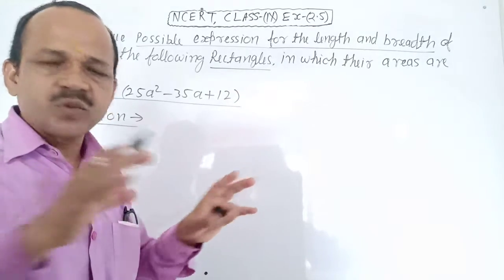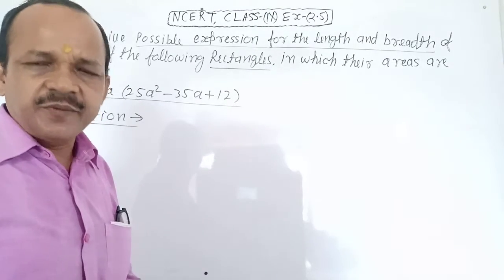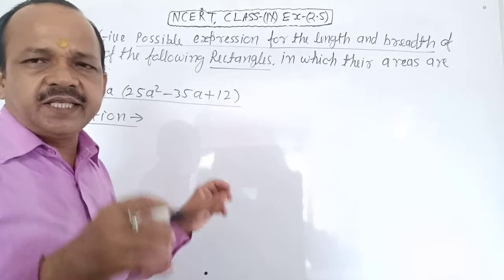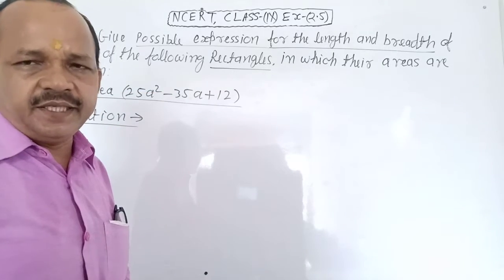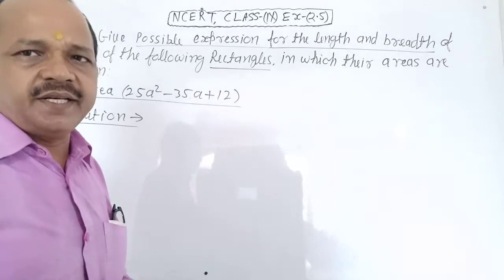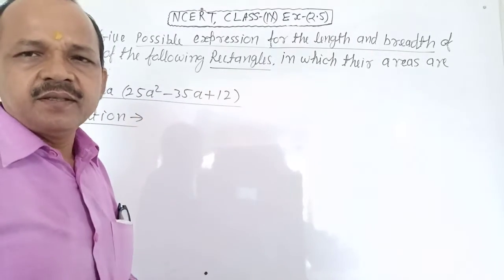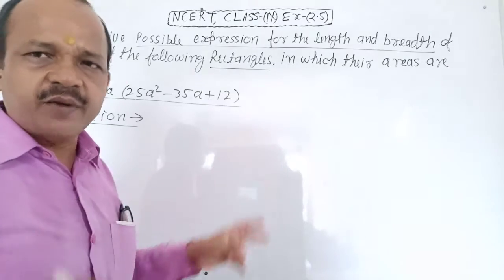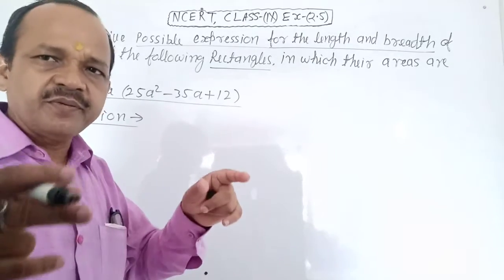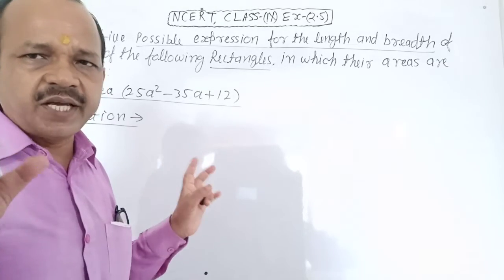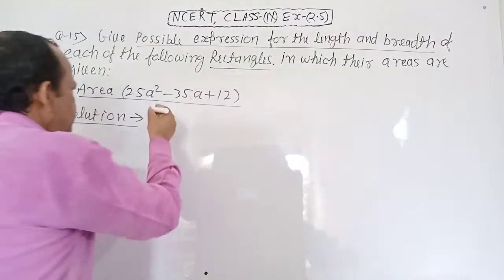Suitable identity is: area of rectangle equals length multiplied by breadth. You can use this identity for the following question and find the possible expressions of length and breadth of the given rectangle. Clear? Very good. See the board.